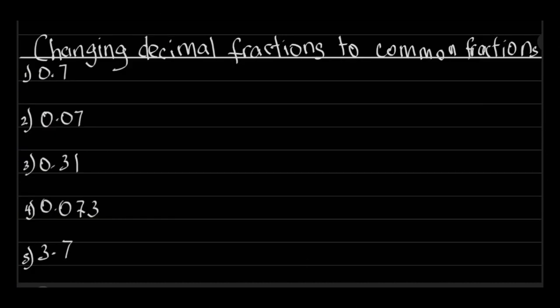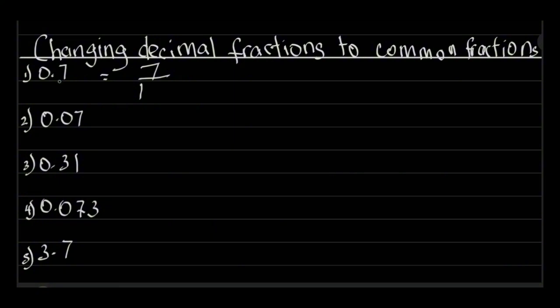Alright, so now we are going to look at how to change decimal fractions to common fractions. When you have them like this, they are quite easy. We write the first significant number as the numerator, then all over 1, then we introduce zeros. The zeros correspond with the number of decimal places.